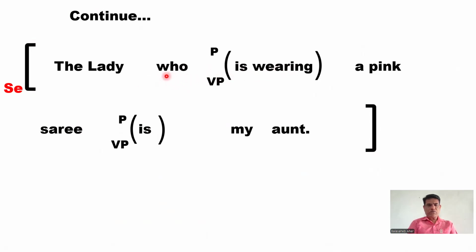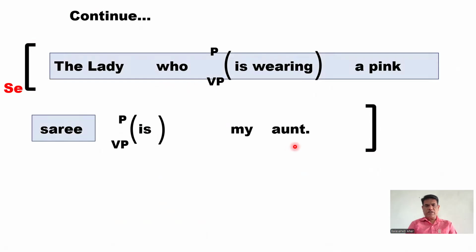And we have to start the subordinate clause from who, and we have to end it with the sari because we cannot take is in that clause. Again, then it will have two verb phrases in a place. So this is a noun phrase, the lady who is wearing a pink sari.